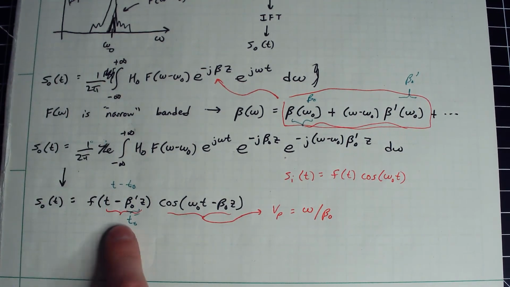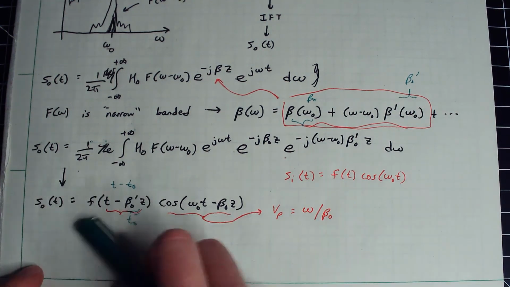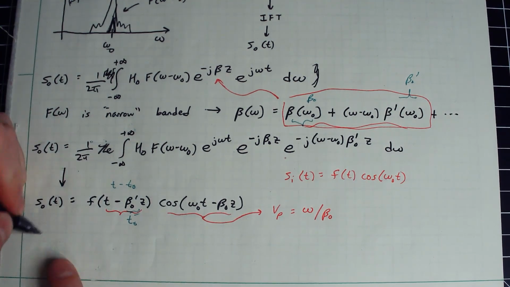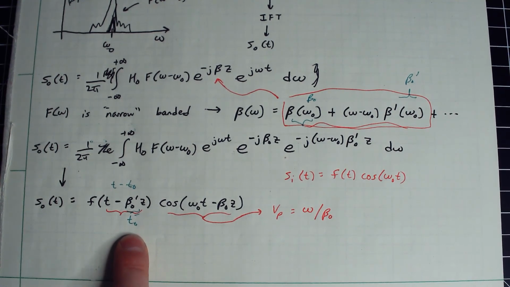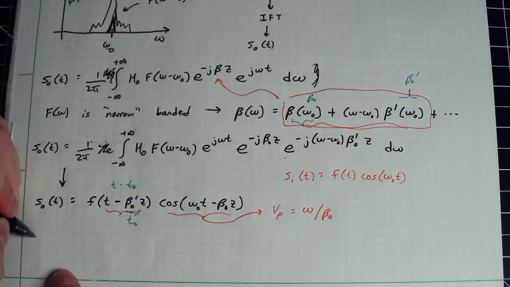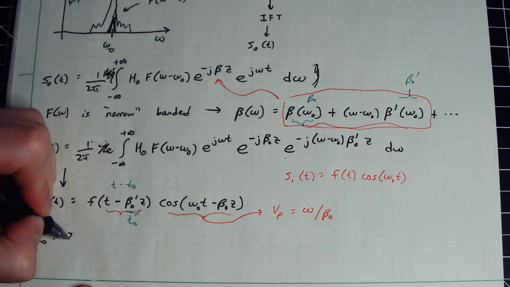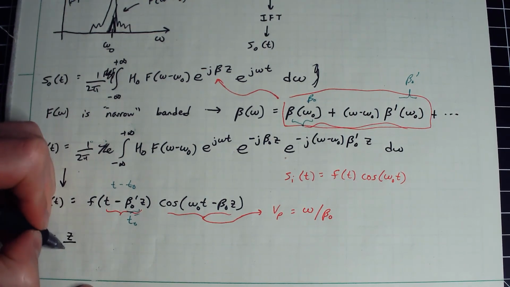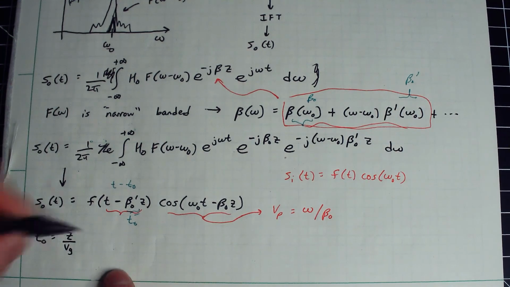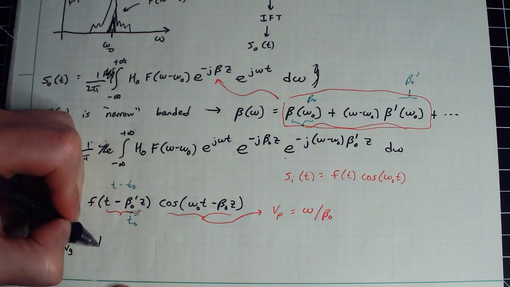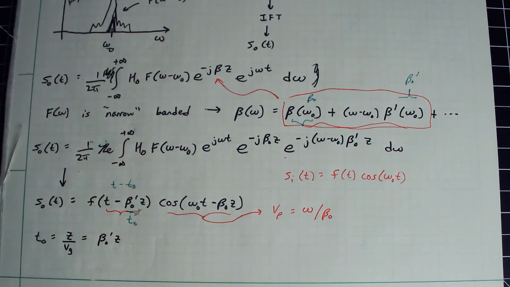So there's a time delay on my modulation, in effect, an equivalent time delay associated with propagating down that little line here. Remember, distance is rate times time, or velocity times time. So that means t naught is going to be distance divided by velocity. So z over velocity, I'm going to call that v sub g, which, if we look at our notes here, is beta naught prime z.